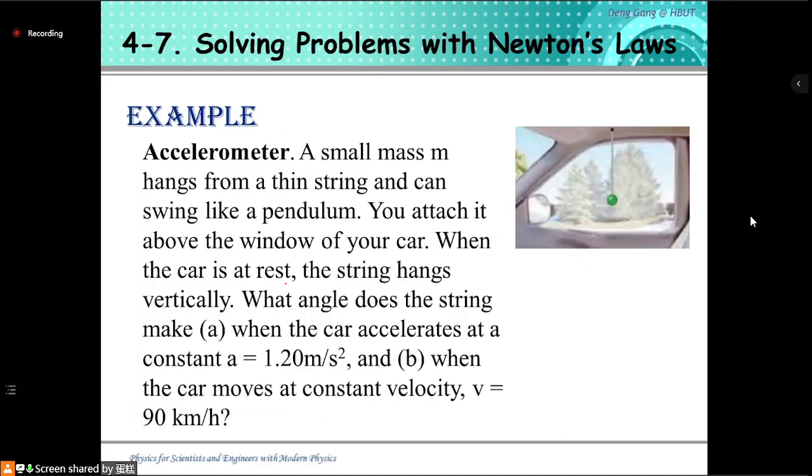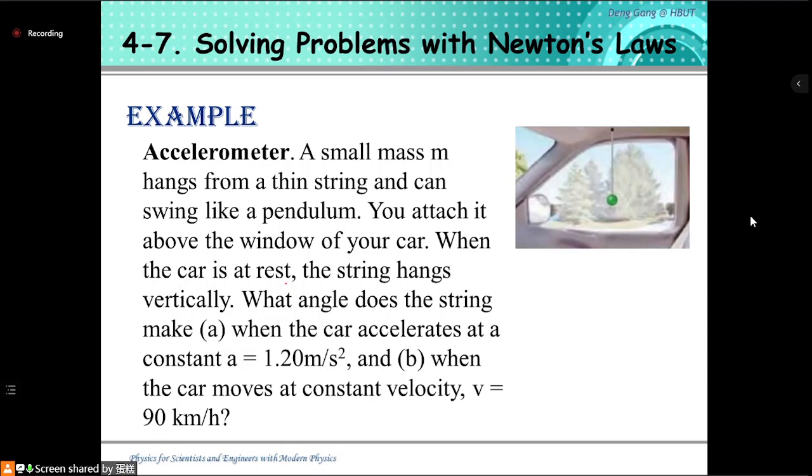Okay, so let's look at this example. This is a model of something called an accelerometer, which can be used to measure acceleration. It's the simplest accelerometer. A small mass m hangs from a thin string, and it can swing like a pendulum.